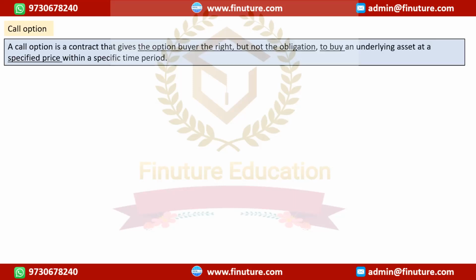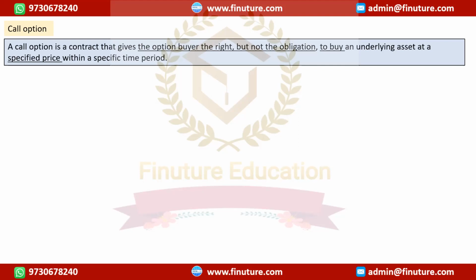Let's have a look. So, a very basic definition. As I said, it may appear that you already know, but just stay till the end of the video. You will know various dimensions of the same definition in front of you. A call option is a contract that gives the option buyer the right, but not the obligation, to buy an underlying asset at a specified price within a specific time period.